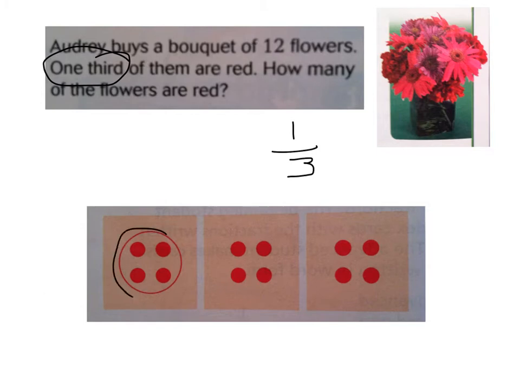So 1 group has been circled. Now when I count the number of counters in that group, I see there are 1, 2, 3, 4 counters in the group. So 1/3 of 12 equals 4. Therefore, 4 of the flowers are red.